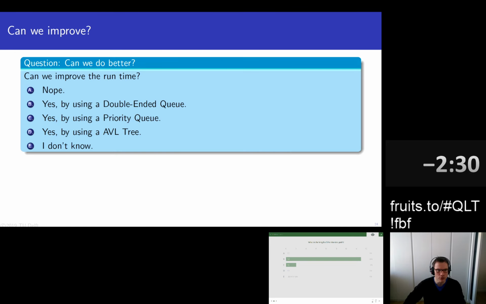Could we improve the runtime by using one of these data structures? A double-ended queue, a priority queue, maybe an AVL tree. What could we do, if anything, to improve this? I'll give you a minute or so to figure it out, and Feedback Fruits is happy to hear your answers.